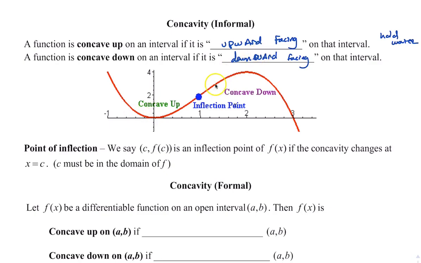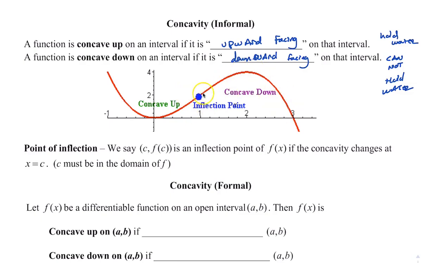So like right here, it's opening down. That one cannot hold water. So that's what concave up means. This opens up, concave down is where it opens down.